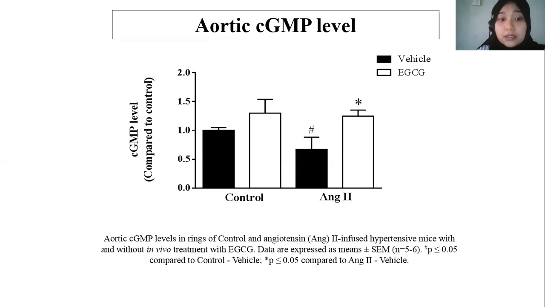These results demonstrate that the angiotensin 2 group exhibited a significantly lower level of cGMP compared to the control group, and treatment with EGCG for 2 weeks significantly increased the level of cGMP. The result has demonstrated that cGMP helps in part to lower the blood pressure, and also by regulating the smooth muscle cells.